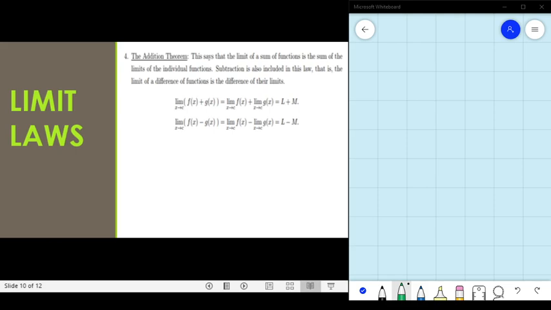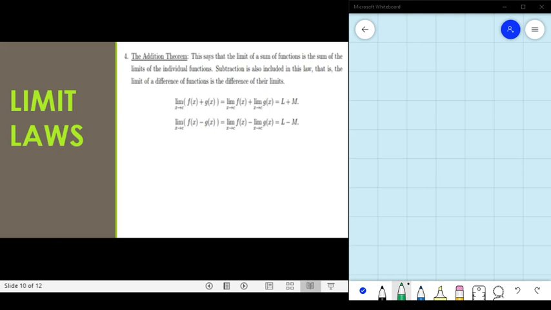That is similar to the limit of f of x as x approaches c is L and the limit of g of x as x approaches c is M. So just subtract L minus M.